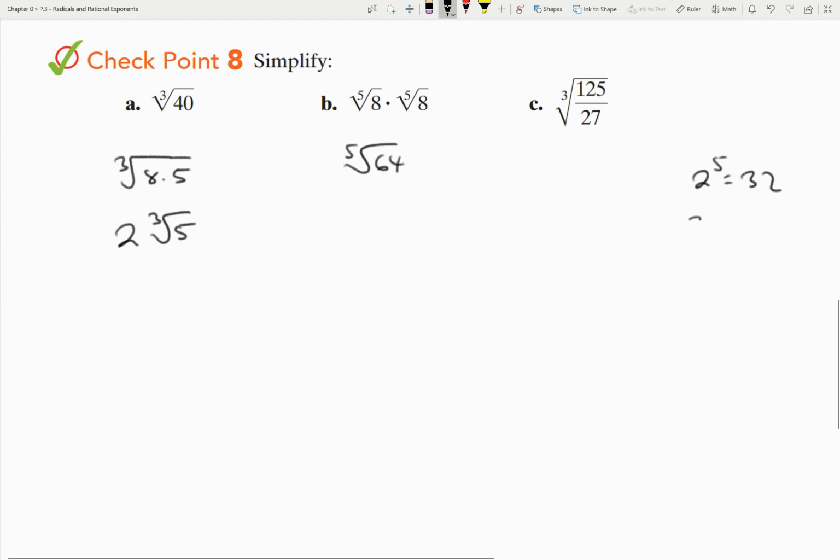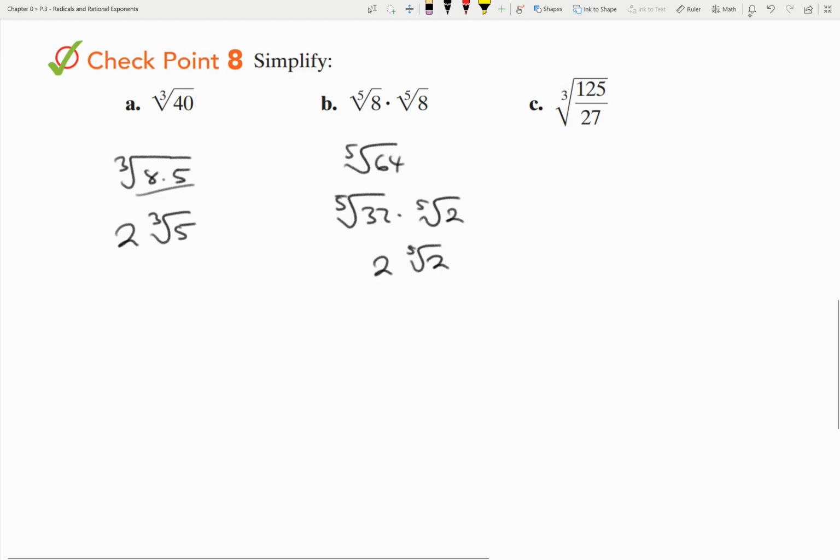That goes into 64. 3 to the fifth power is 243. Yeah. Okay. So 243, way too big, but 32 goes into 64. So that's the fifth root of 32 times the fifth root of, and I could write them together or separately, it really doesn't matter, 2. The fifth root of 32 is 2, with the fifth root of 2 left over.